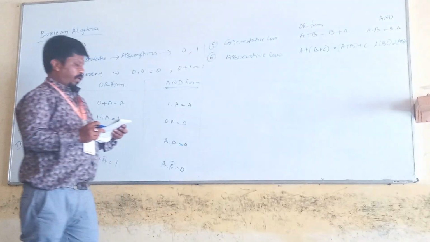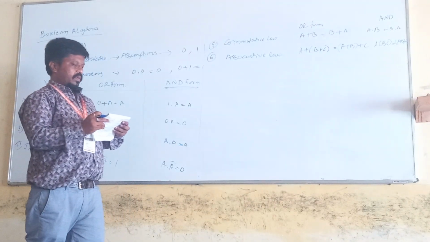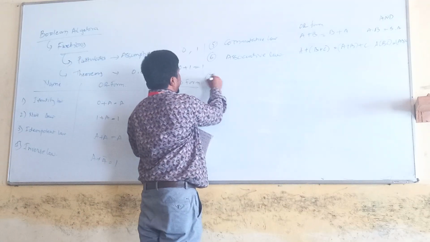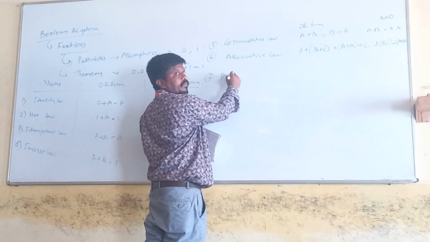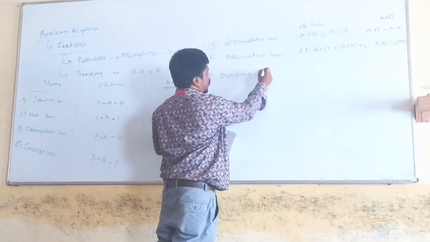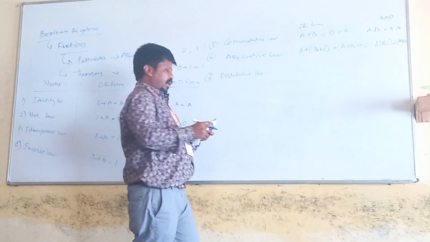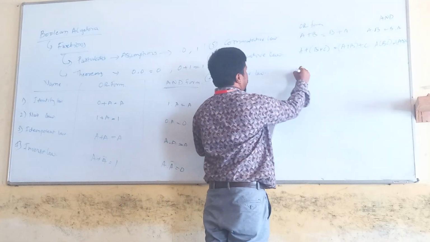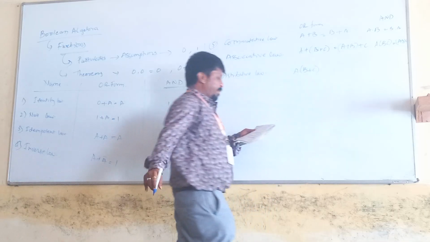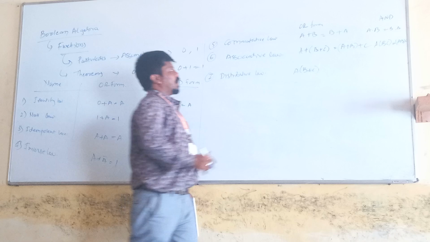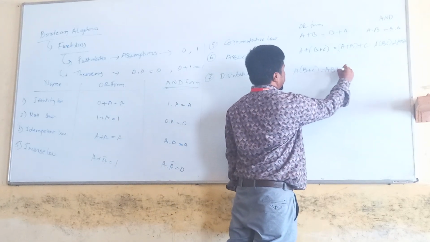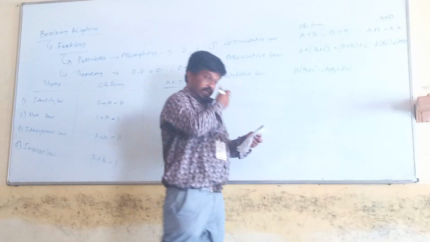Yes. Okay, next thing is the distributive law. Distributive law is nothing but a times b plus c, I can expand this one, so it becomes a b plus a c.